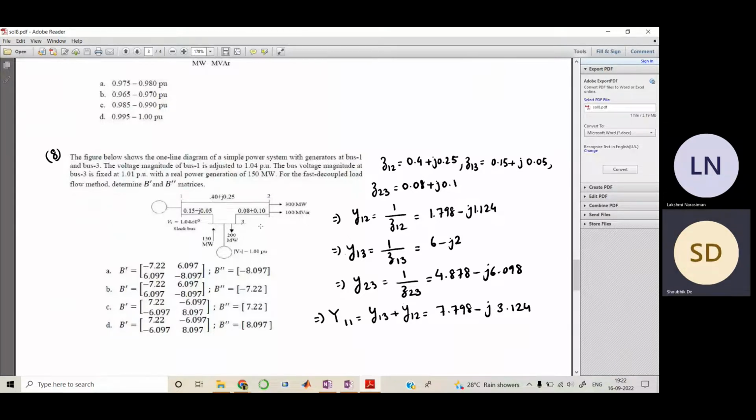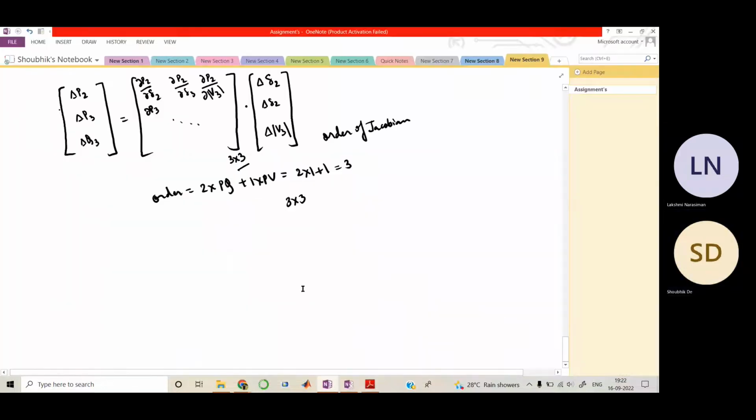Now, for starting this problem, you have to look at the value of y. In general, we write y to be G plus jB, where G is conductance and B is susceptance.